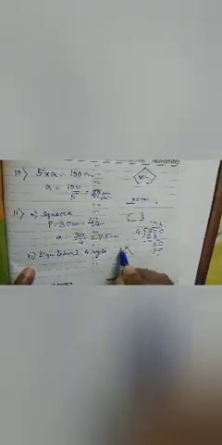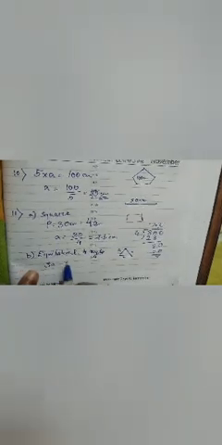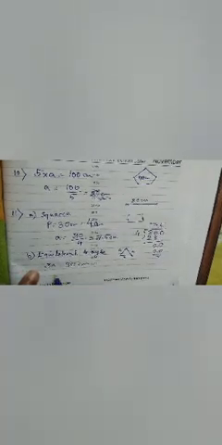B, an equilateral triangle. Equilateral triangle means a triangle with all the 3 sides as equal. So I will have 3a is equal to 30 centimeter. So what is a? 30 divided by 3, that is equal to 10 centimeter.